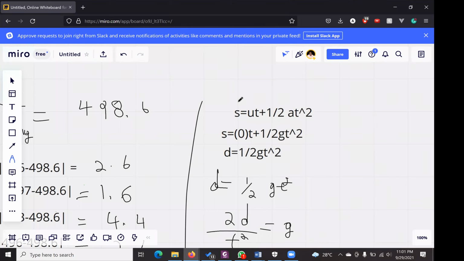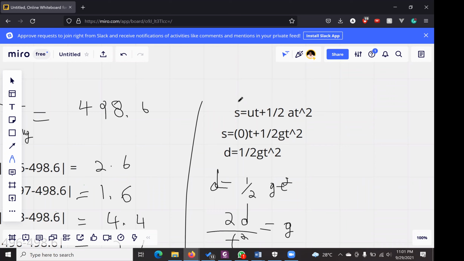Now, we know that u is initial velocity, and it told us it was at rest, so the initial velocity would be 0. The acceleration is due to gravity, not because somebody pushed it, so we're using g instead of a.